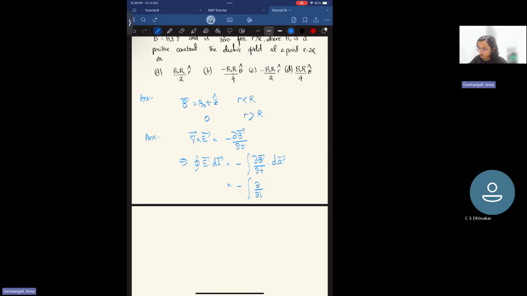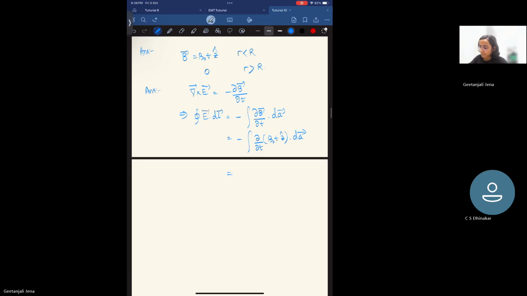So ∂/∂t of B, which is B0 t ẑ, dot dA. B0 is a constant. ∂/∂t of t will give 1.